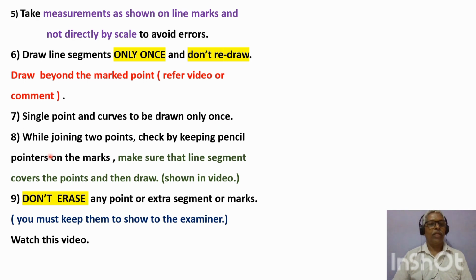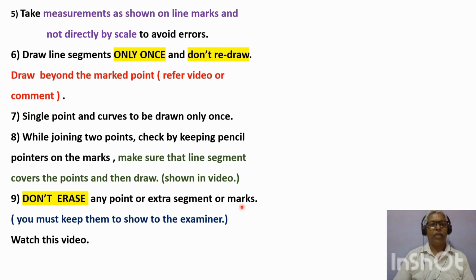This is not by the mathematicians. While joining two points, check by keeping the pencil pointer on the marks, to make sure that the line segment covers the point, and then draw, as shown in the video. This is very important again. Ninth one is don't erase any point or extra segment or marks.